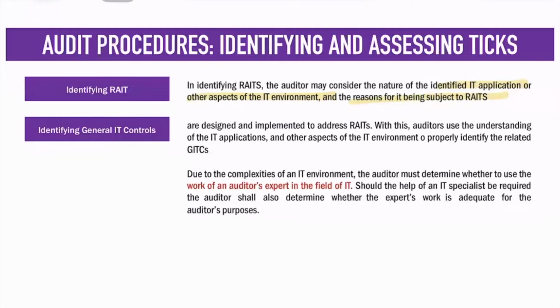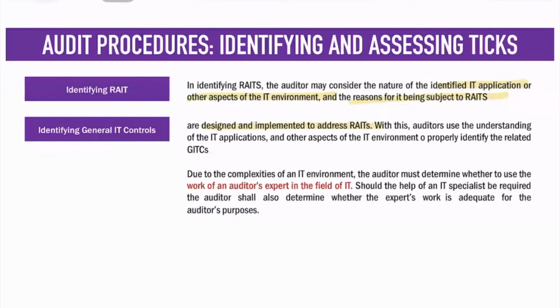So your general IT controls, you already know that they are designed to address the RAITs, or your risks arising from your use of IT. So with this, the auditor uses the understanding of the IT applications and other aspects of the IT environment to properly identify the related general IT controls.